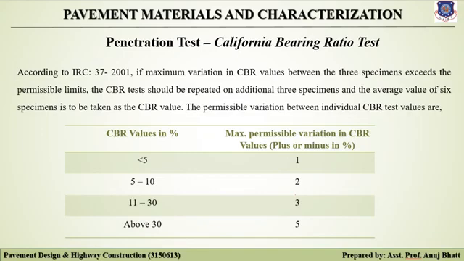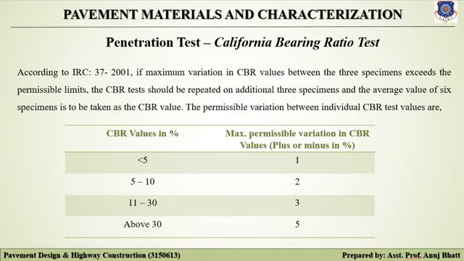If the value of CBR is less than 5, the maximum permissible variation is plus or minus 1% in the CBR value. If your CBR value is between 5 to 10%, plus or minus 2% of CBR is permissible for the final value.